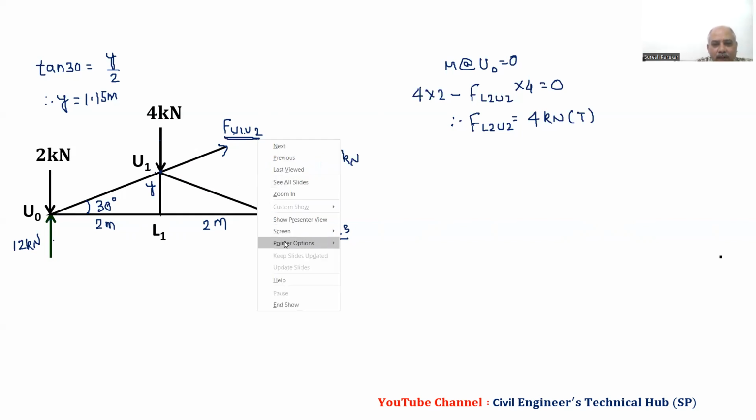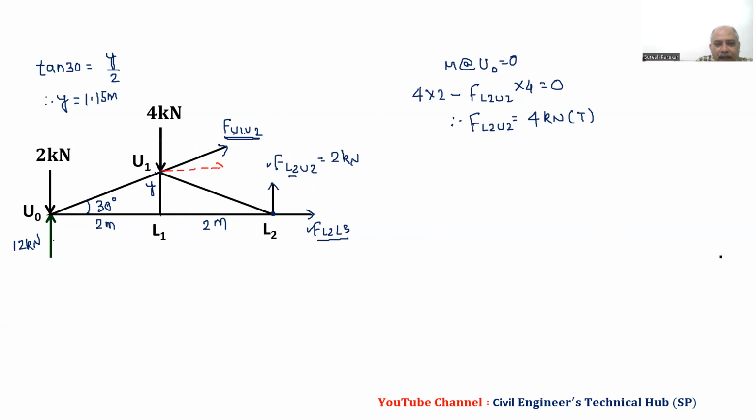So we have two components of this force: the horizontal one is F U1U2 cos 30, and the vertical one is F U1U2 sin 30. The unknown is only F U1U2 sin 30, and therefore we can now use summation Fy equal to 0.